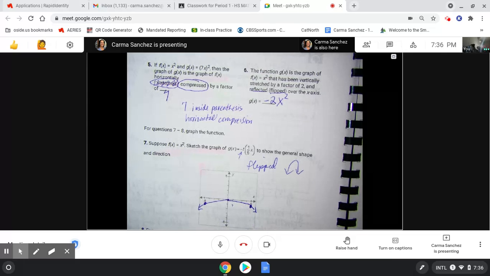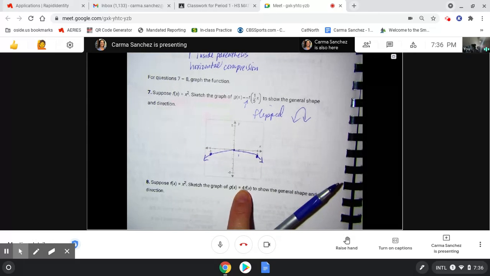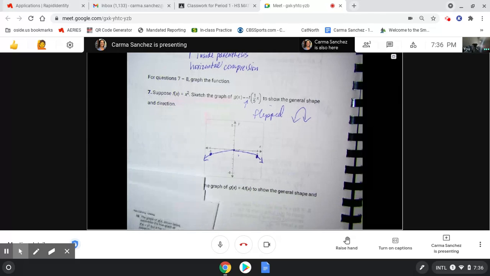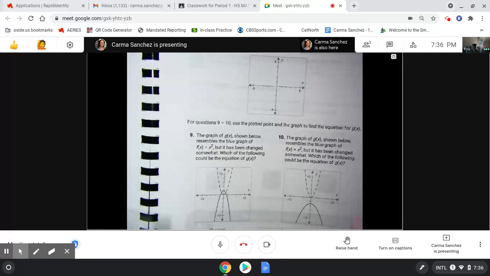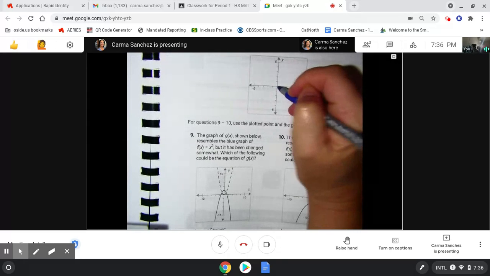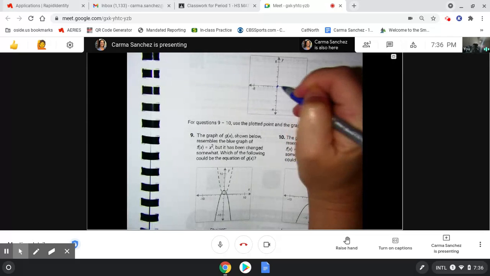So suppose on this next one that f of x equals x squared, sketch the graph of 4 times the original function, showing the general shape and direction. Let's go take a look at that one. So for this one, our normal graph would start here at the origin, and it would normally go out 1, up 1.